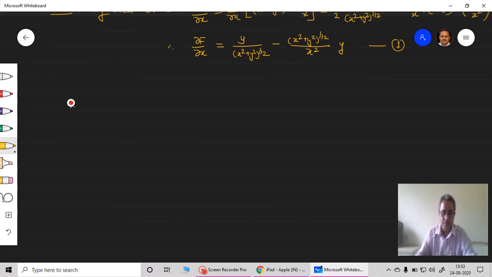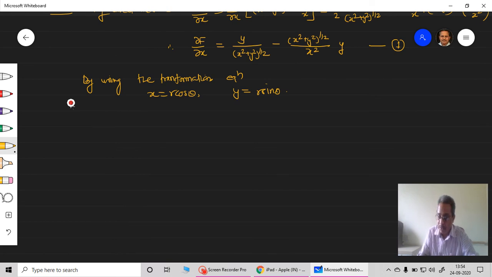Now, by using the transformation equations, we have x is equal to r cos theta and y is equal to r times sin theta. I can use this.